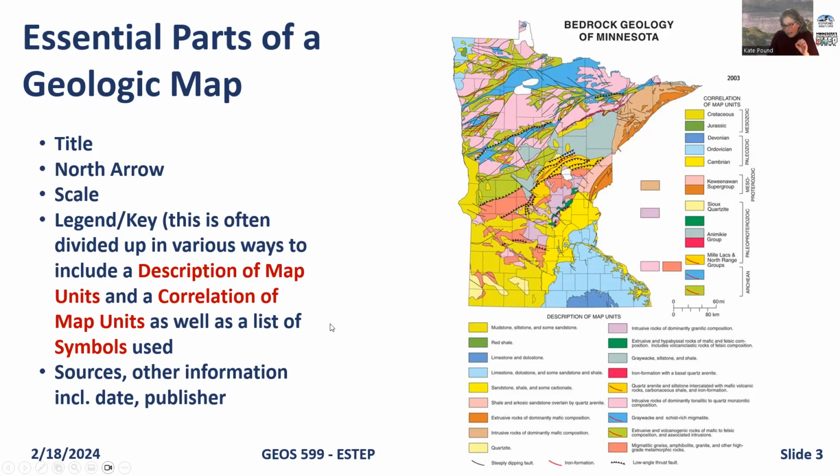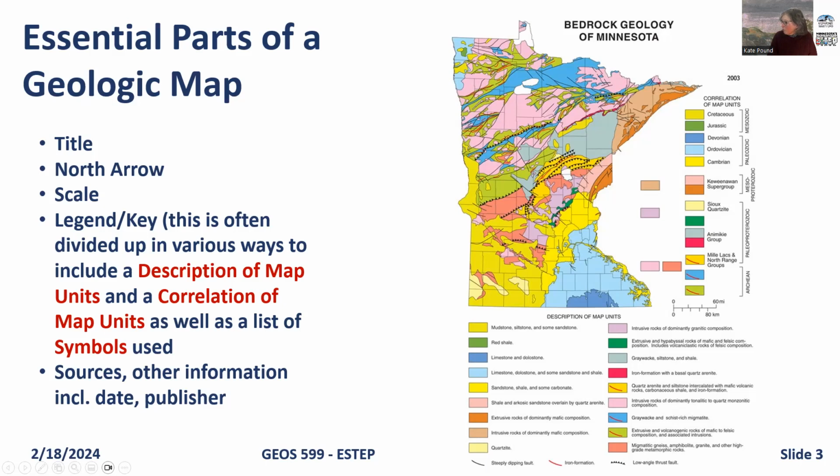There is usually a separate part of the legend that includes information on symbols. On this generally simplified map, those symbols are way down here at the bottom. There are particular kinds of faults with little dragon's teeth on them.